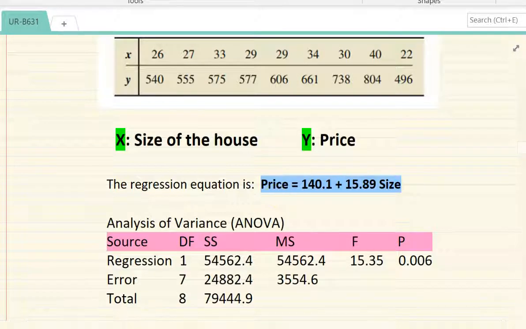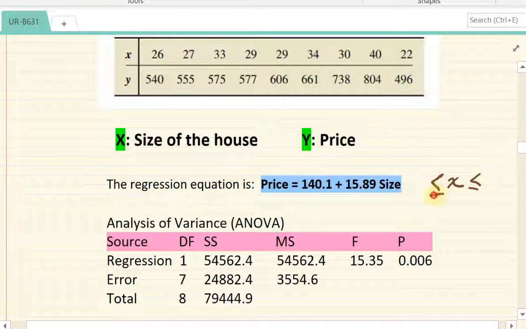Now keep in mind, remember we talked about extrapolation. So I'm going to do something that Minitab doesn't do. I'm going to say the value of x here has to be between two numbers. The lowest number I can see is 22, and the highest number I see is 40.